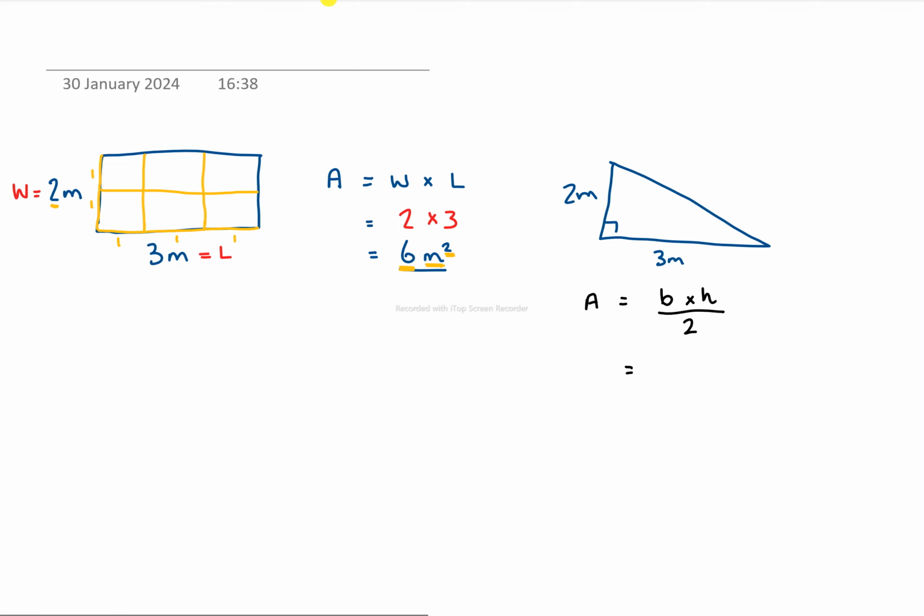I'm going to call this the base and this the height. So 3 times 2 divided by 2 equals 6 divided by 2, which equals 3 meters squared.